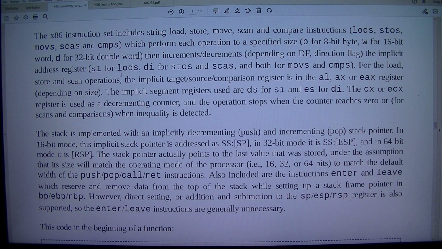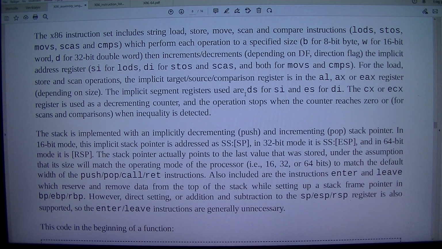For the load, store and scan operations, the implicit target, source or comparison register is the AL, AX or EAX register, depending on size. The implicit segment registers used are DS for SI and ES for DI. The CX or ECX register is used as a decrementing counter, and the operation stops when the counter reaches 0 or, for scans and comparisons, when inequality is detected.